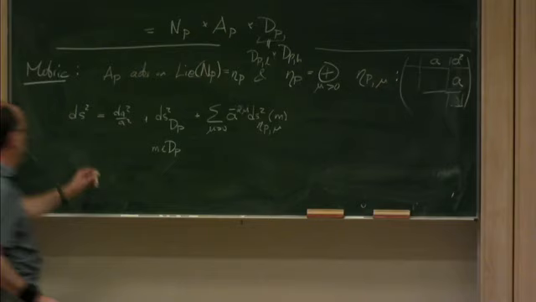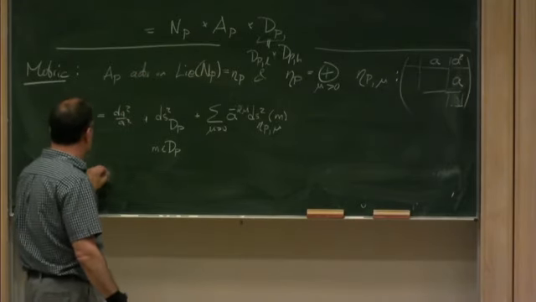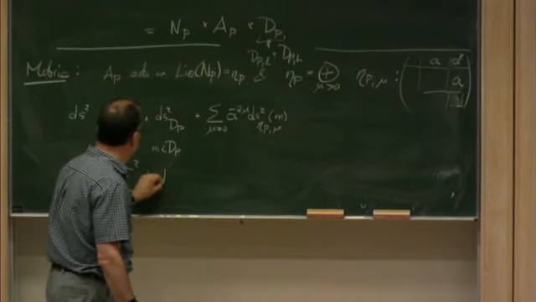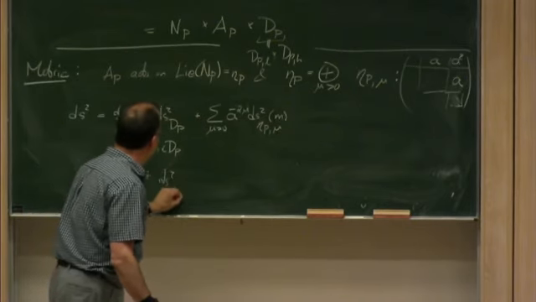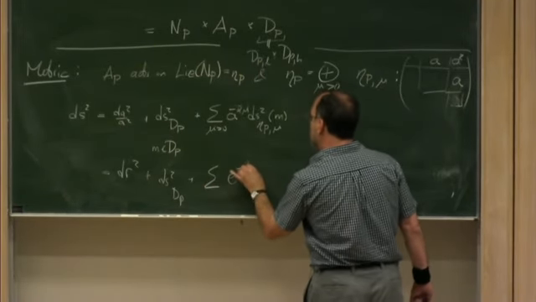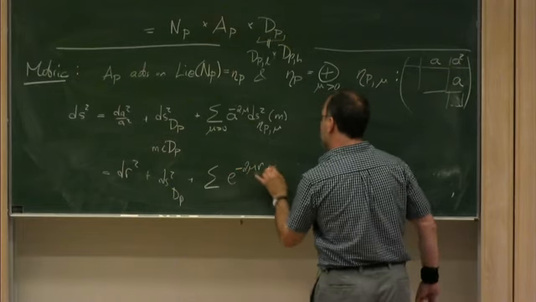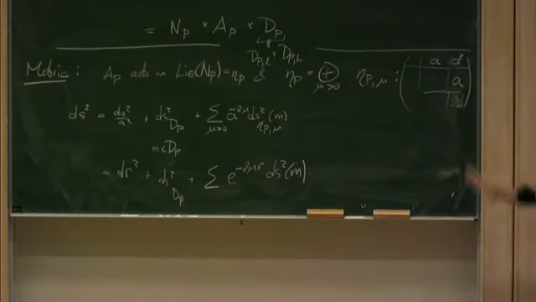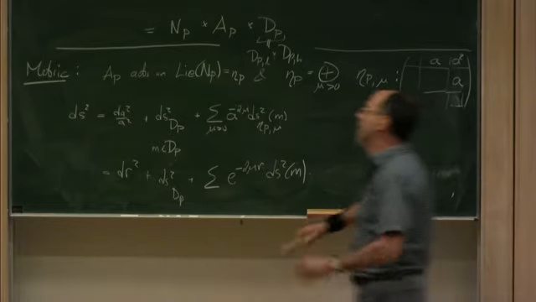And then, of course, if you let R equal log A, you can also write this as dr squared plus ds squared dp plus the summation of e to the minus 2 mu r times ds squared of m. And this is on the nose, not a quasi-isometry.